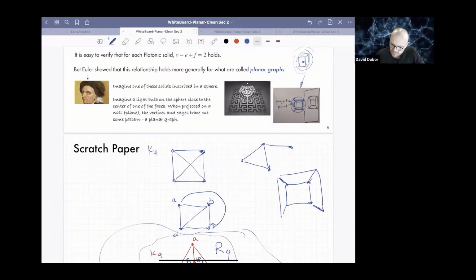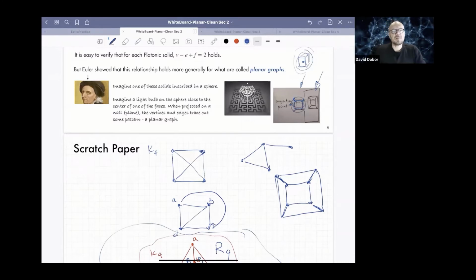So the cube projected on the wall will look like that. Okay, just as you see here on this wall. So here, this is a slightly different way of representing this projection. It's what's called a stereographic projection, but just by pointing a light here, and then seeing where the edges go as you project that light.